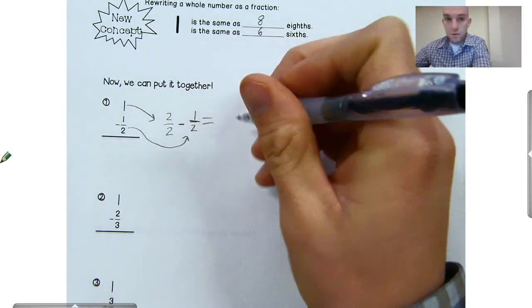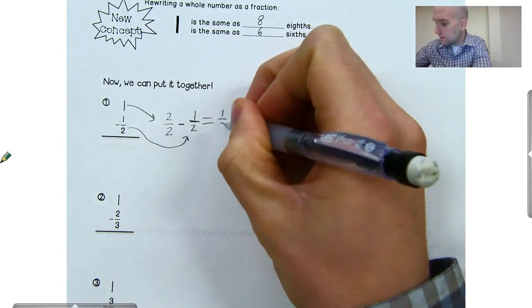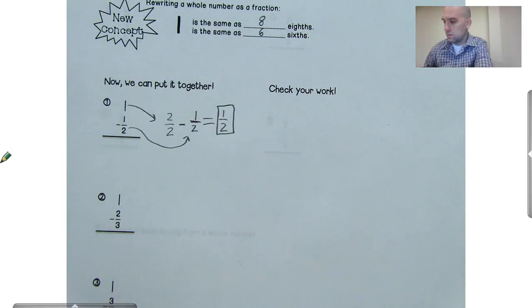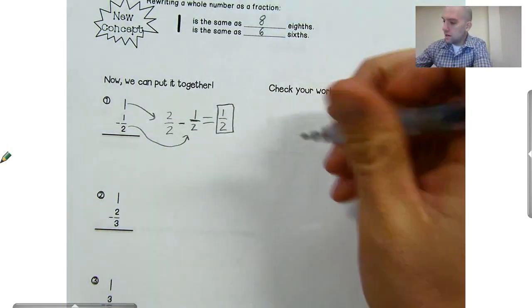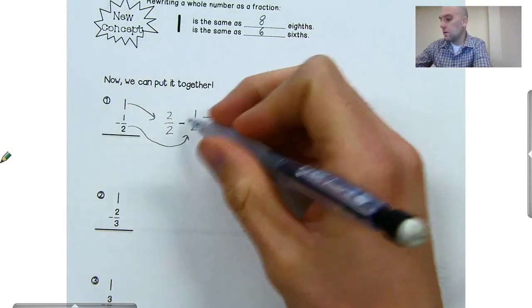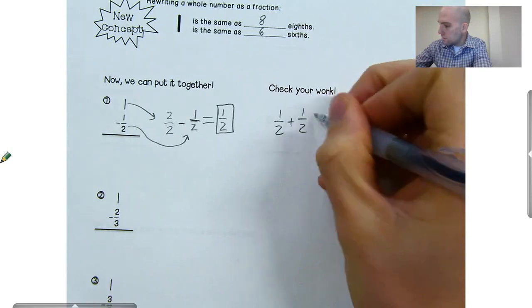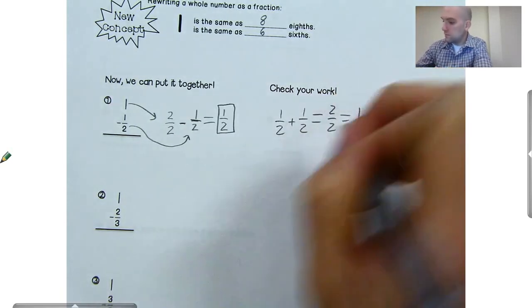I subtract 2/2 minus 1/2, and I get 1/2 left over. Now, if we want to check that, we can do 1/2 plus 1/2, and we get 2/2, which equals 1.